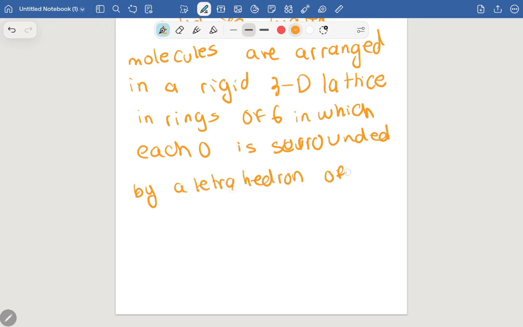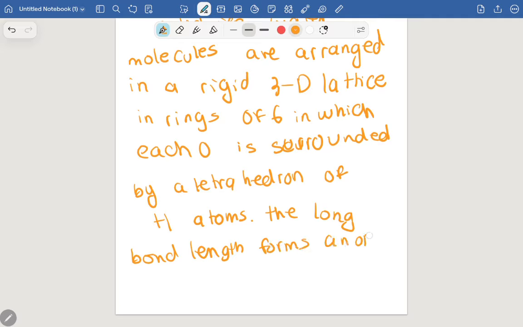The large bond length of the hydrogen bond forms an open lattice which is filled with empty space. So the long bond length forms an open lattice with empty space.